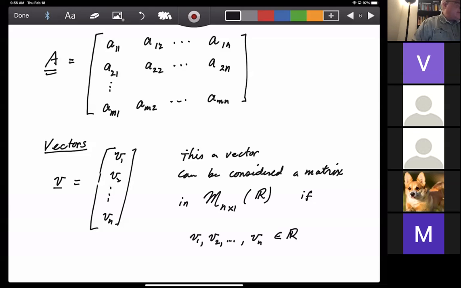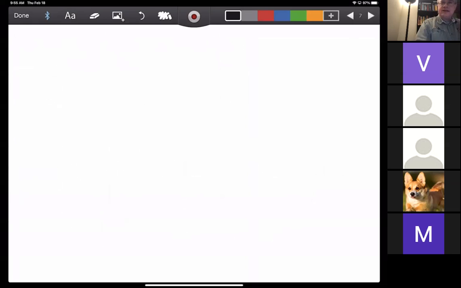All right, so let's say we want to solve linear systems. Here's a fairly simple linear system.